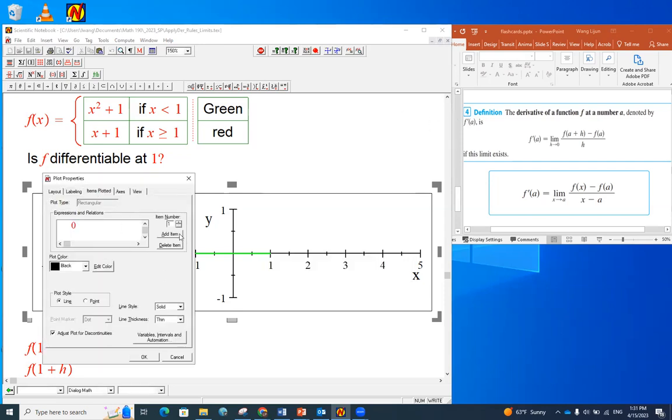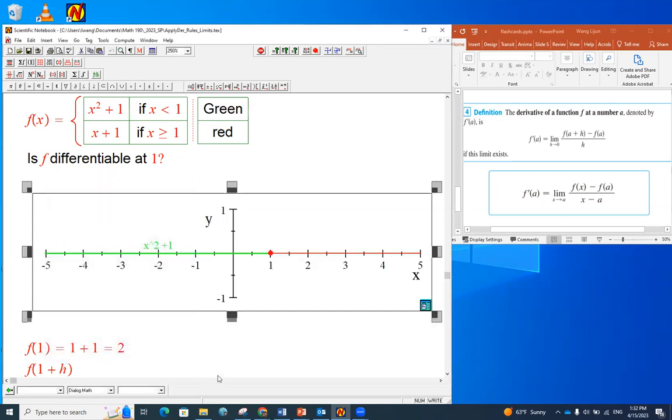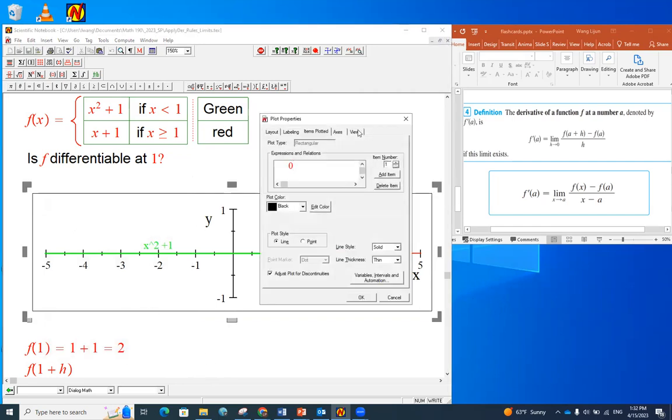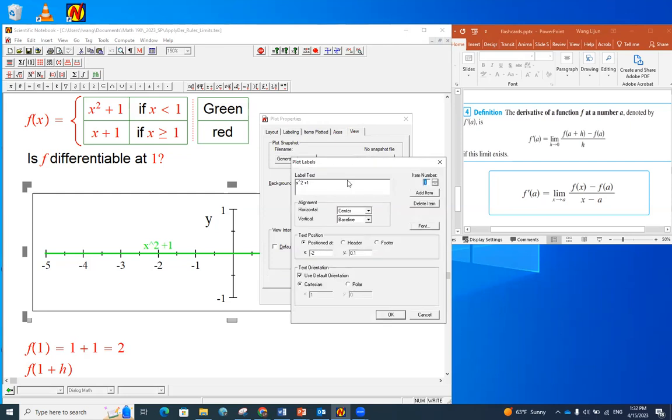So I'm going to draw a red line, but also include the point 1, 0, which is that point.